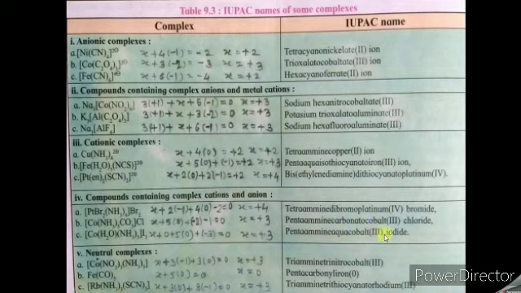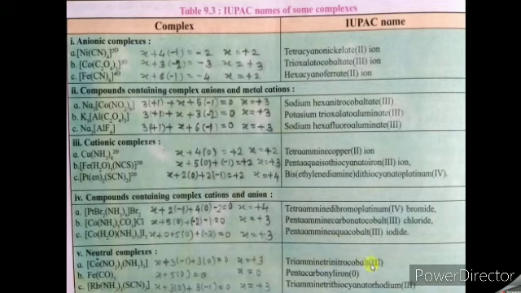Don't write triiodide. Okay. A neutral complex, [Co(NO2)3(NH3)3]. So oxidation state of cobalt is X plus 3 into charge on nitrite, which is minus 1, plus 3 into ammonia, which is neutral, so 0, is equal to 0. So X is equal to plus 3, write down in bracket.